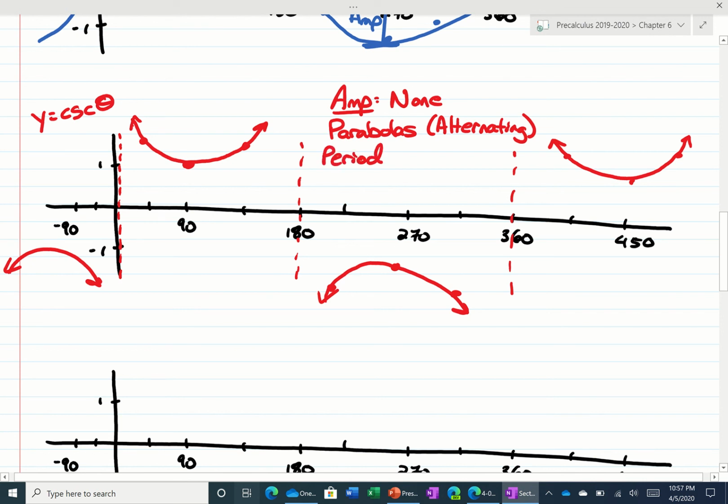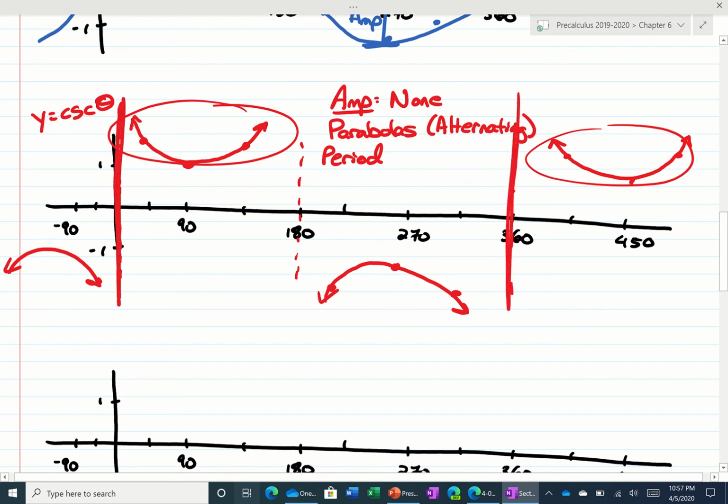Well, the next time you have a parabola facing up is right here. So we go from right here to right here. And if we copy and paste that, it looks like we get the same graph. It would be up, down, and then 360 degrees later, up, down. So that would be what the period is. The period for this would be 360.